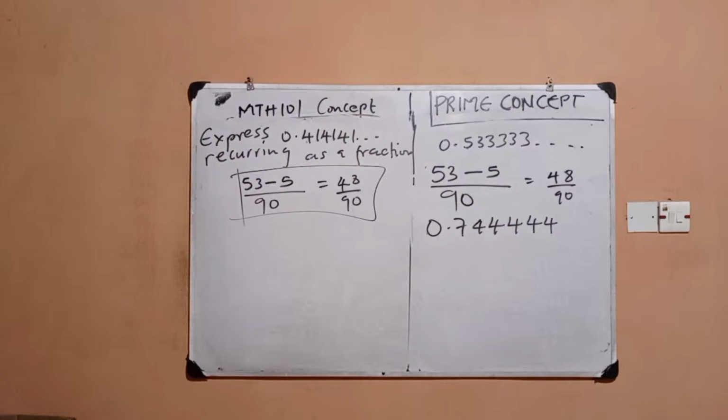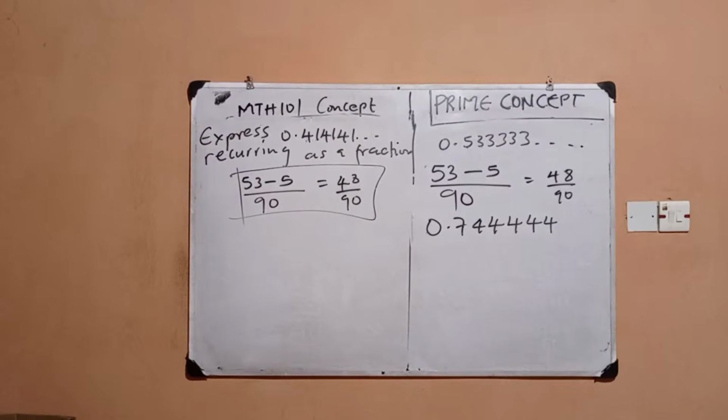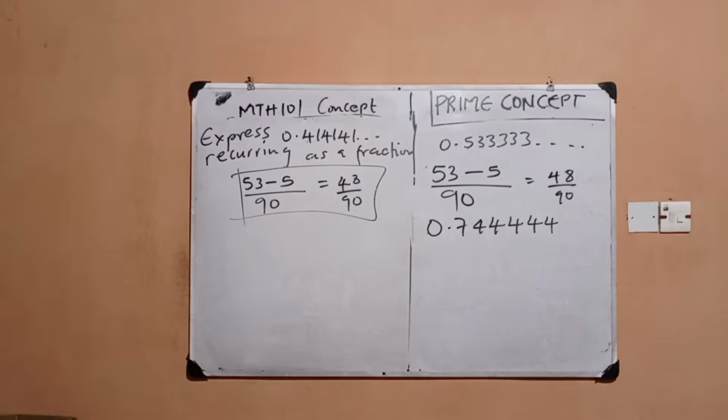All right. 67 over 90. Perfect. Somebody says 69. All right.